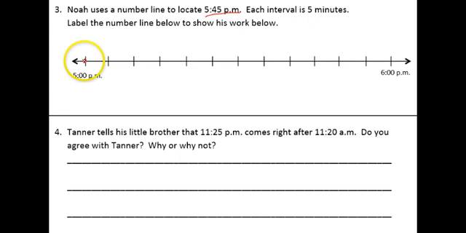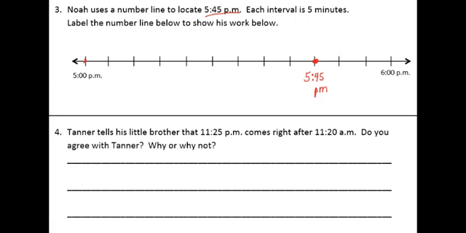So I would start at 5 p.m., 5, 10, 15, 20, 25, 30, 35, 40, 45. This mark would be 5:45 p.m. And that makes sense because if I kept going, the next increment would be 5:50, 5:55, and then 6 p.m.